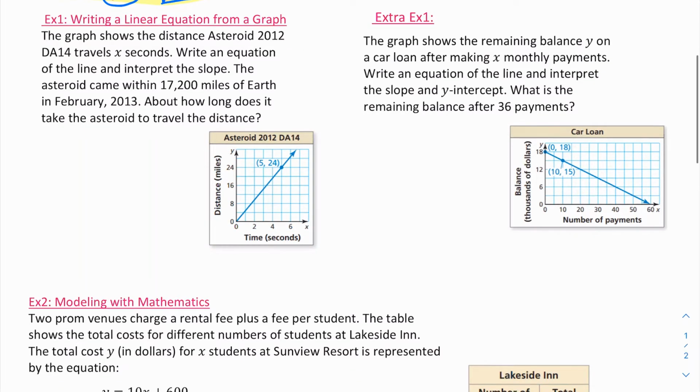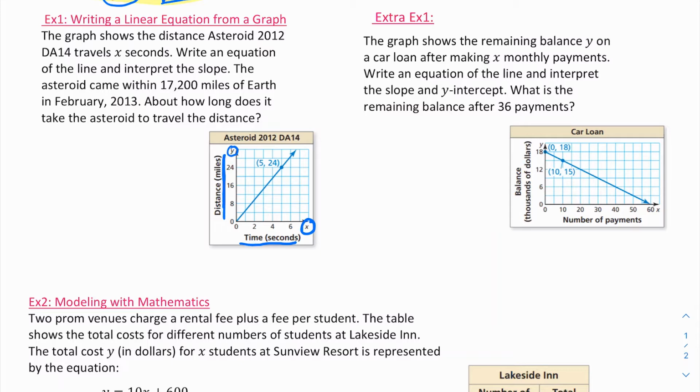If not, then the graph doesn't really mean anything. So the x-axis stands for time, and the y-axis stands for the distance in miles that the asteroid has traveled.